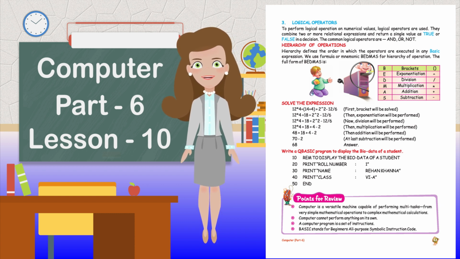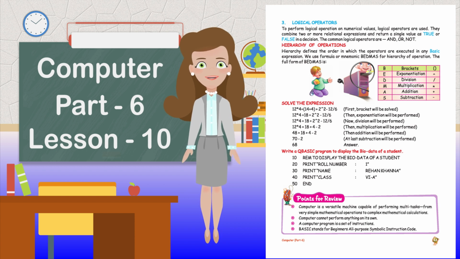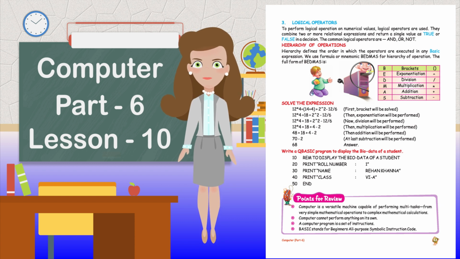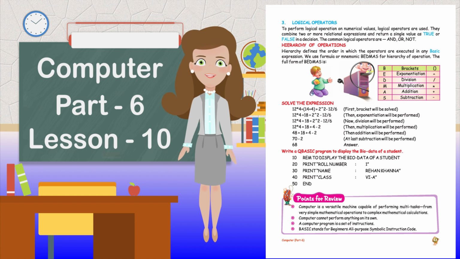Then exponentiation will be performed. Now division will be performed: 12 multiply 4 plus 18 plus 4 minus 2.